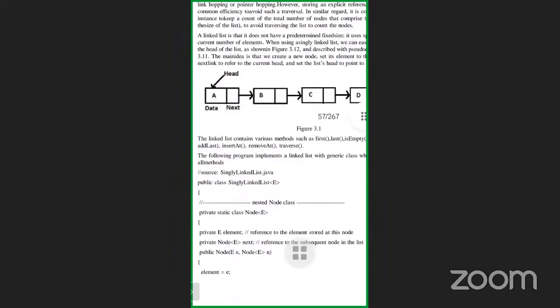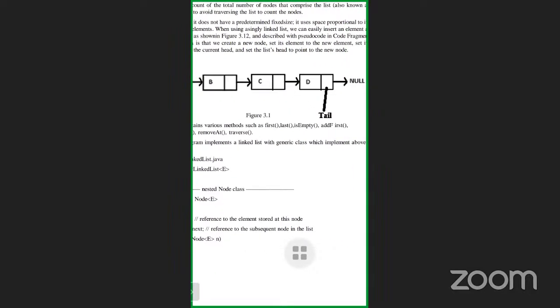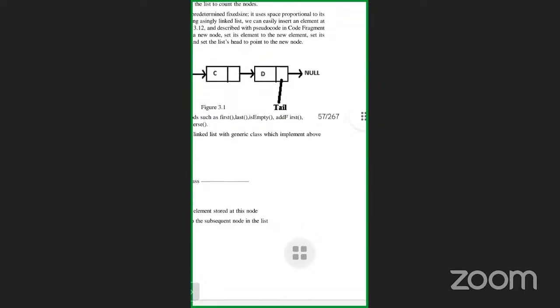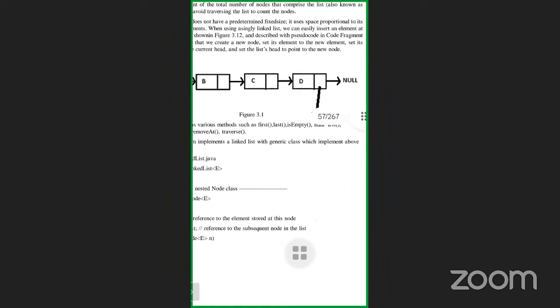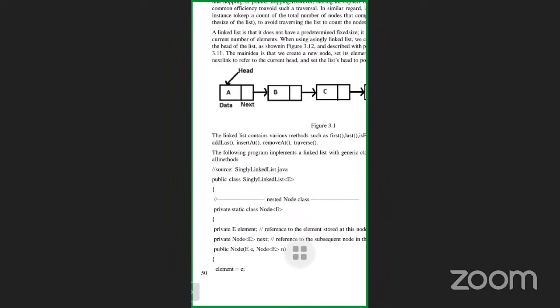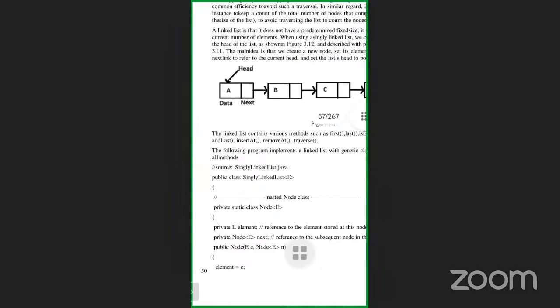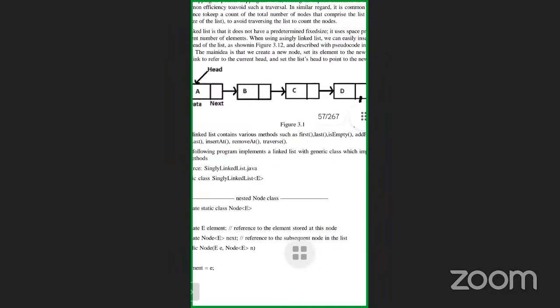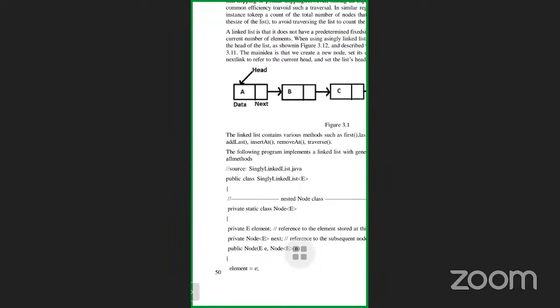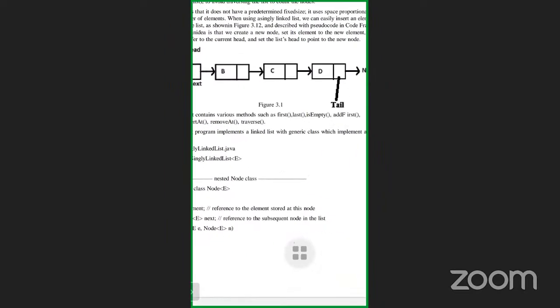When using a singly linked list, we can easily insert an element at the head of the list, as shown in the figure and described with the pseudocode in the code fragment. The main idea is that we create a new node and set its element to the new element. Then we set its next link to refer to the current head, and set the list head to point to the new node.